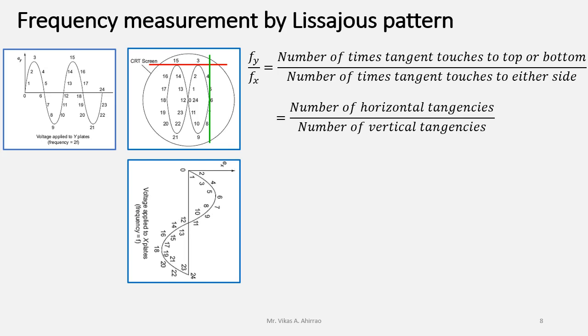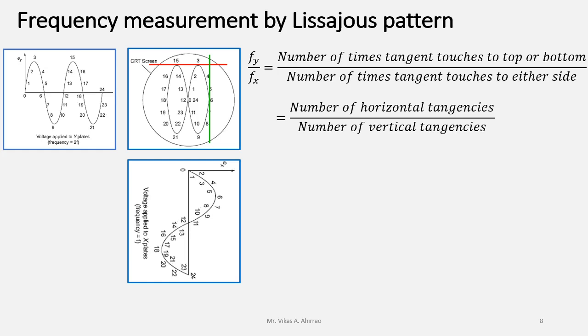Now, as per the Lissajous pattern, the number of horizontal tangencies is 2, meaning the tangent touches the Lissajous pattern 2 times, and that is the horizontal tangent.